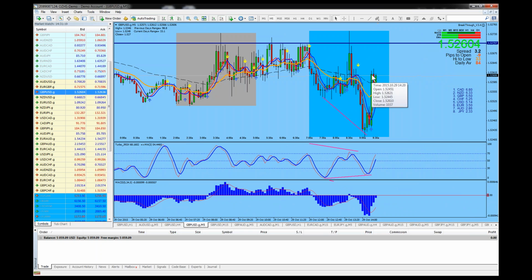Now, right now we have a close above all the moving averages, and we're back near our entry price, and we've had our divergence. It might be worth a shot to get 5 pips out of this, and we're right at the entry price again.